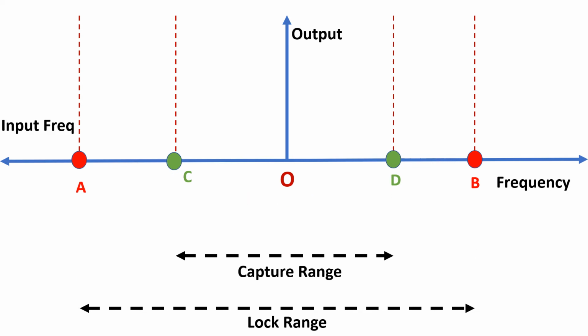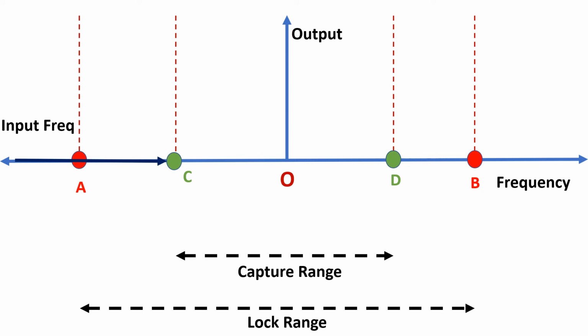We will try to understand operation of the PLL on forward pass of input signal frequency. If the input signal frequency is less than point A, PLL does not compare input signal frequency and local oscillator frequency. Once input signal frequency crosses point A, PLL starts tracking input signal frequency.